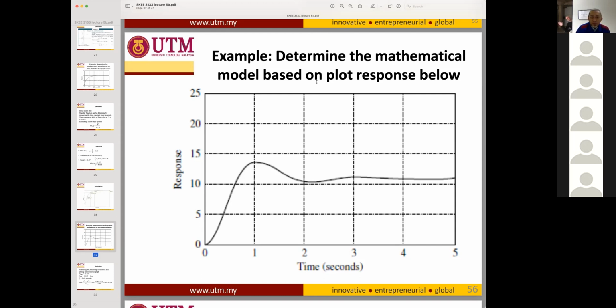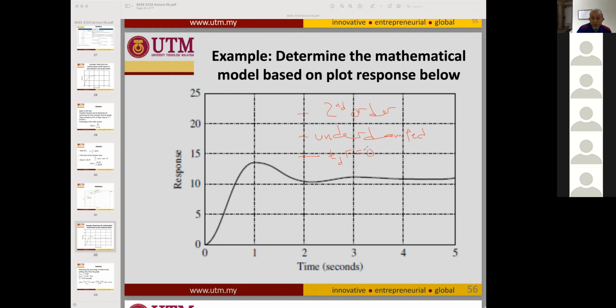It is a second order system, an underdamped category.